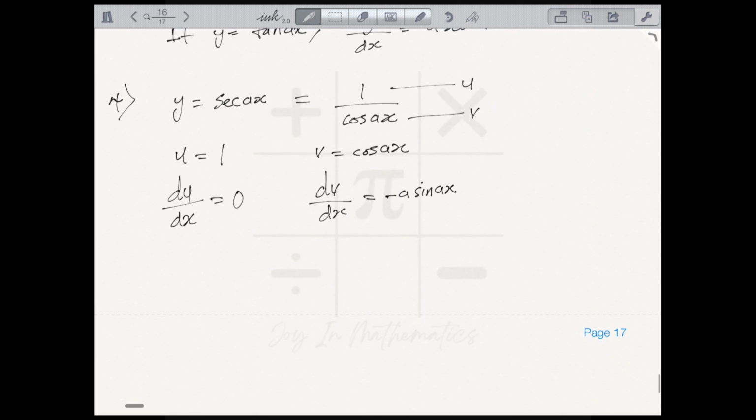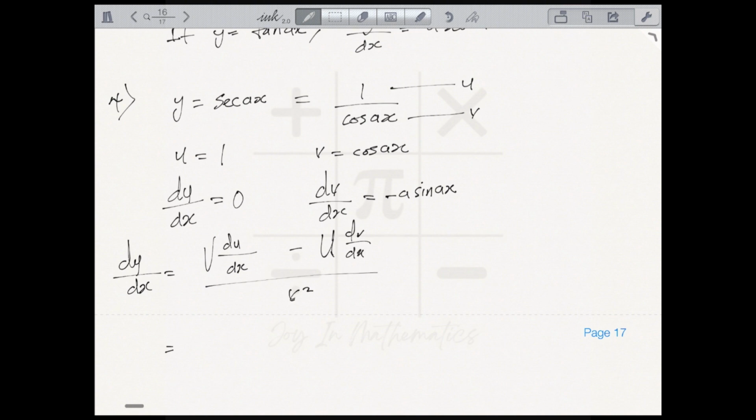Therefore, we can apply the quotient rule, which says dy dx is equal to v du dx minus u dv dx divided by v squared.